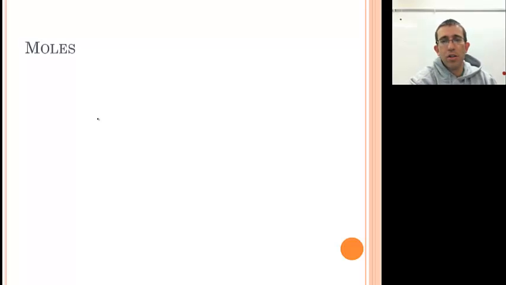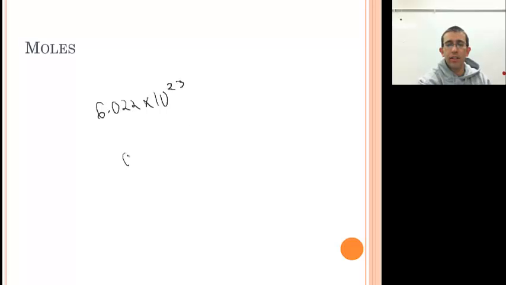So, remember, the mole is the term we use in science to be able to count a whole bunch of atoms, because they're really, really tiny. This number is really important. And this number, 6.022 times 10 to the 23rd, is known as Avogadro's number.